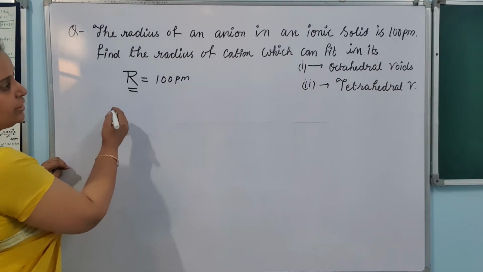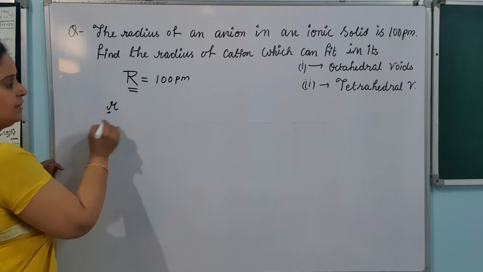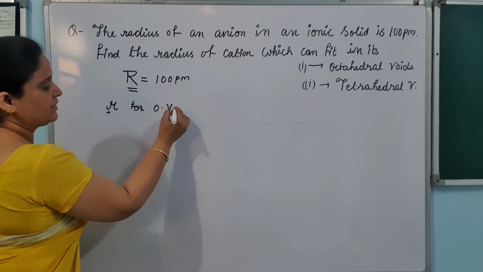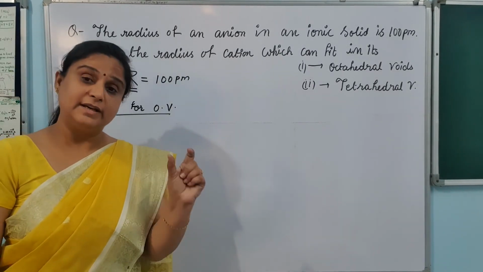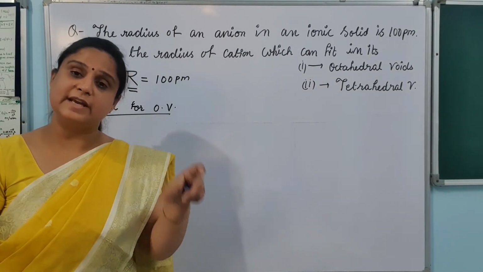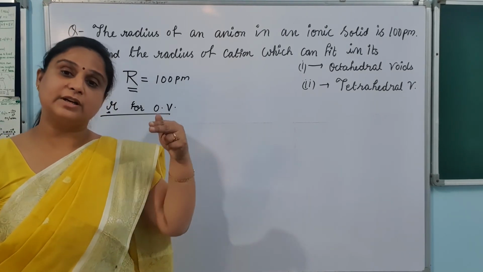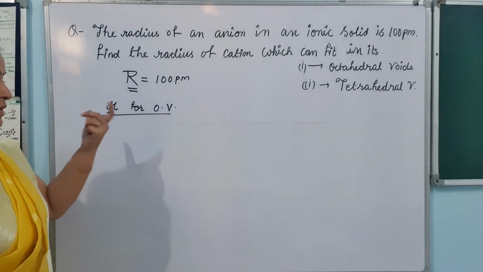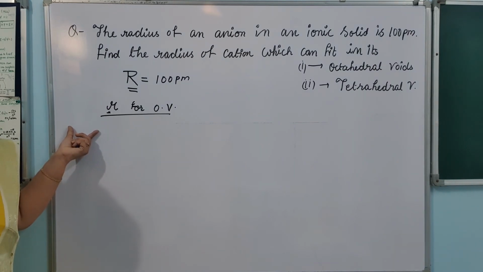So basically what you are asked to find out is the radius for octahedral voids. If you get the radius of the octahedral voids, you can find out the radius of the atom which can fit into it. That radius and atoms with smaller radius can be fitted into the octahedral voids. So for the octahedral voids, what is the relationship between small r and capital R?